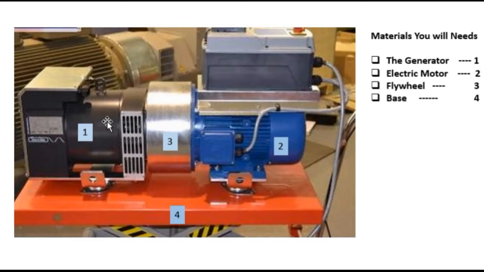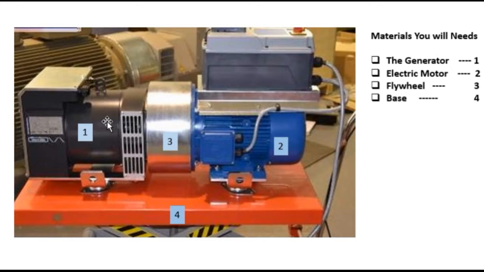Many a time people have the issue of overload because the generator capacity is less than the load they have. If I have an AC, a refrigerator, and other electrical appliances, and I have a 5,000 watts generator, I must make sure that those loads are not more than what the generator can carry.